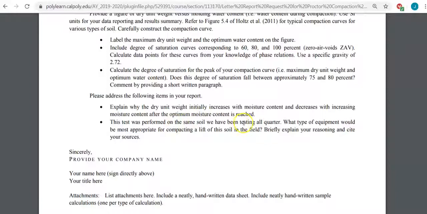And then also, what type of equipment would be most appropriate for compacting this type of soil? We all know it's a clay sand, and it has like 40% clay. So you'll read about the different types of compaction equipment and how they work and how they're suited to different types of material.